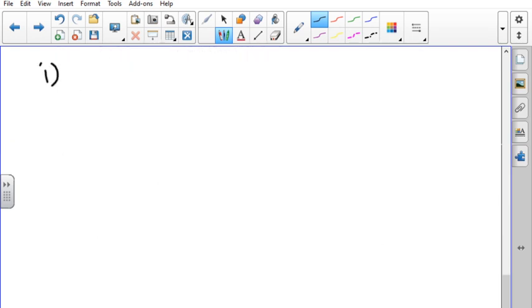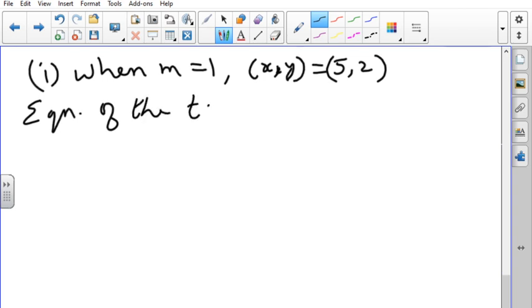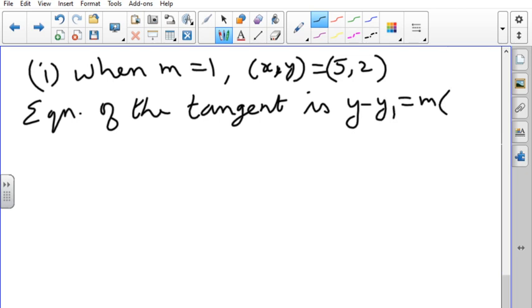So what is the first one? When m is equal to 1 and x comma y is equal to 5 comma 2, the equation of the tangent is, we know that it is of the one point form. We studied in 10th standard. So y minus y1 is equal to m into x minus x1.